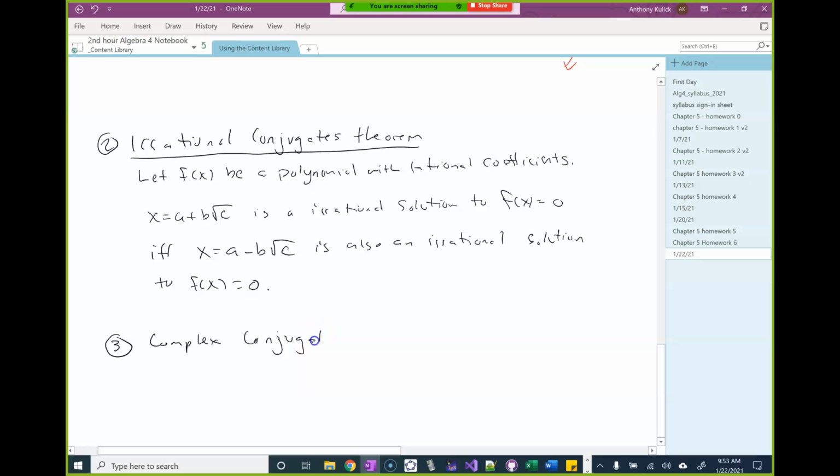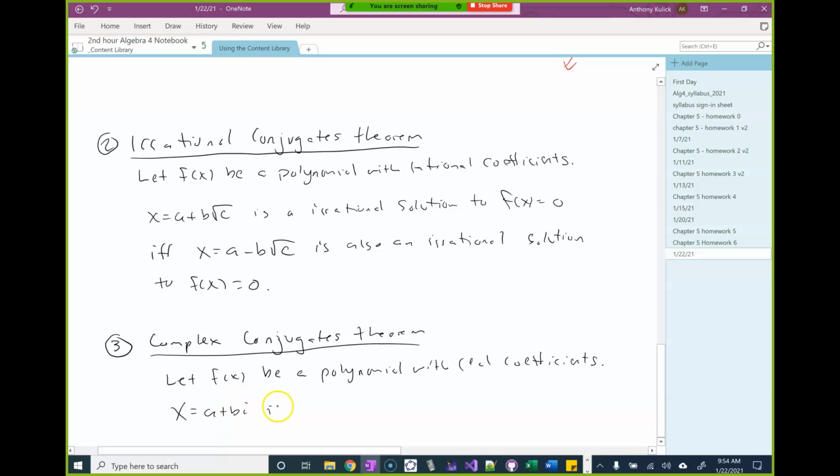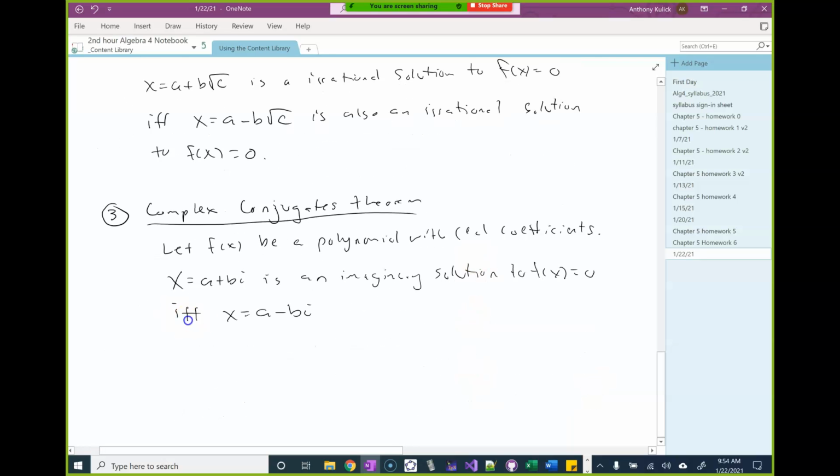So let f of x be a polynomial with real coefficients. We say that x equals a plus bi is an imaginary solution to f of x equals 0 if and only if x equals a minus bi is also an imaginary solution to f of x equals 0.